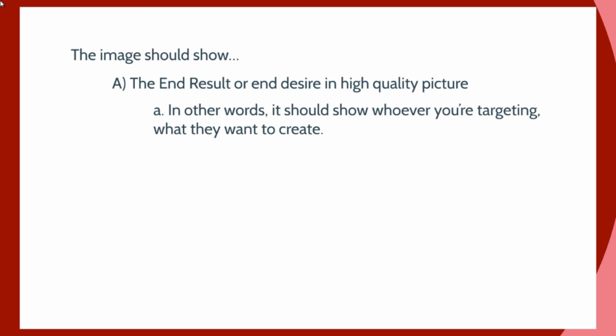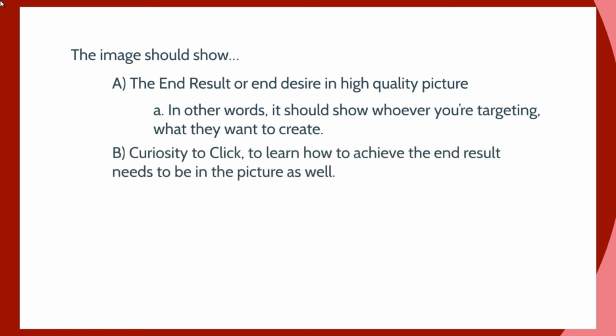They're going to click it because they want to know how to create that yummy chicken parmesan dish. So that in itself is the end result. So you don't want to choose any image, you want to choose the right image, if that makes sense. Second of all, you need to build curiosity to click, to learn how to achieve the end result.